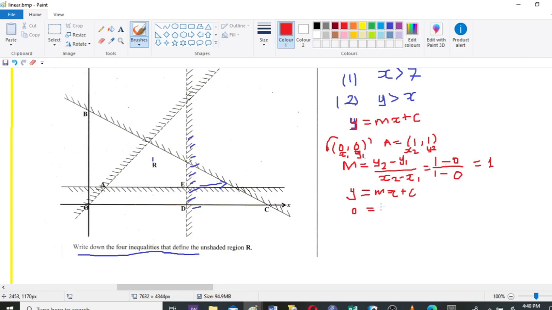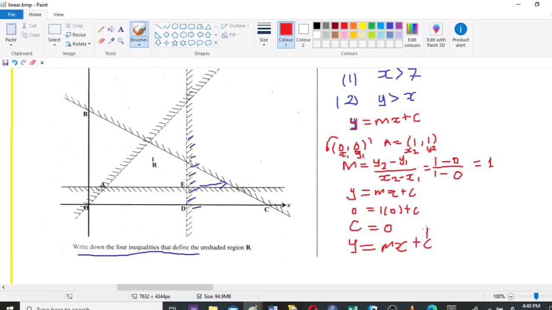You have found your gradient to be 1, your x value is also 0, plus c, and this gives you the value of c to be equal to what? 0, isn't it?